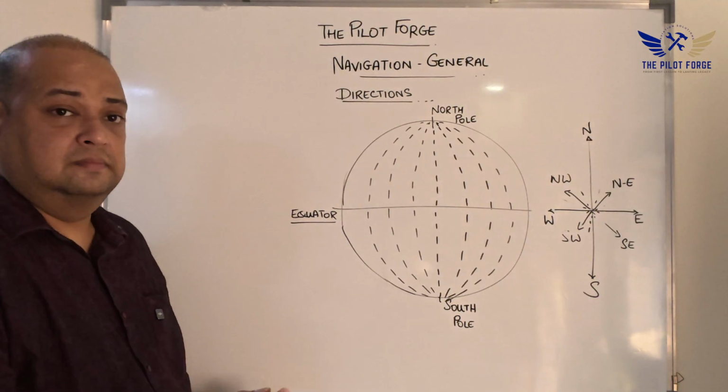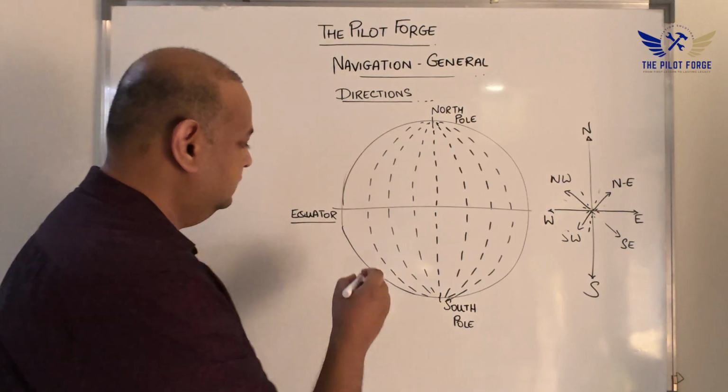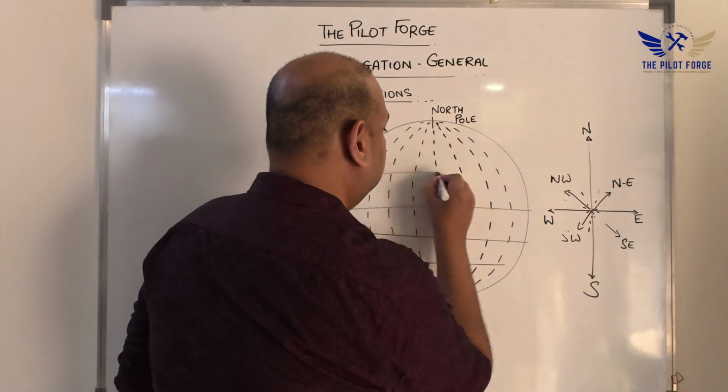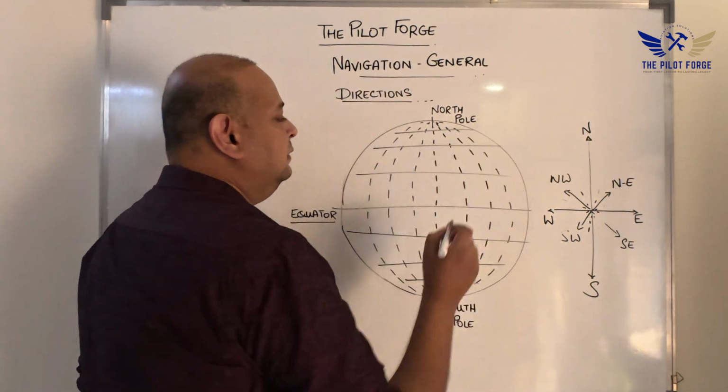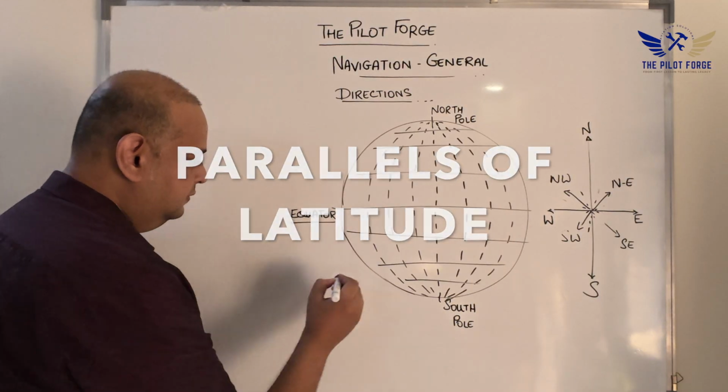All right. Now, I just spoke to you about lines parallel to the equator. They are these. They look like this. And these lines are called the parallels of latitude.